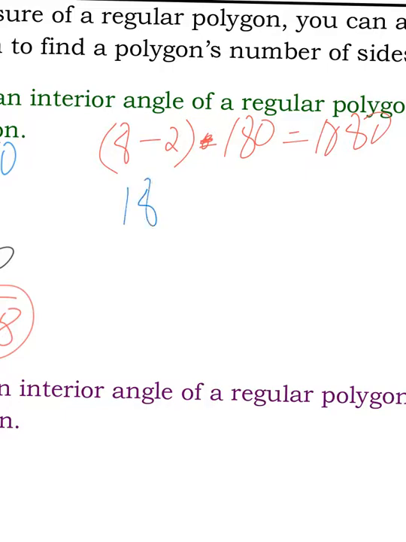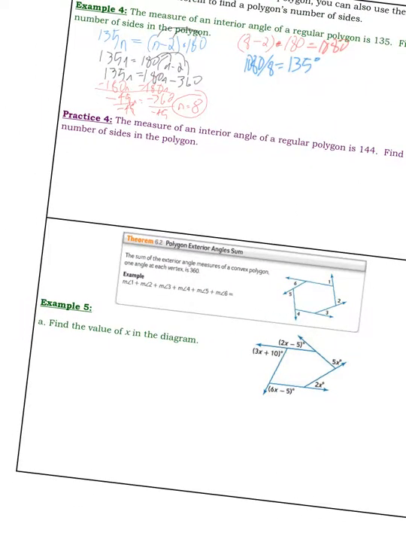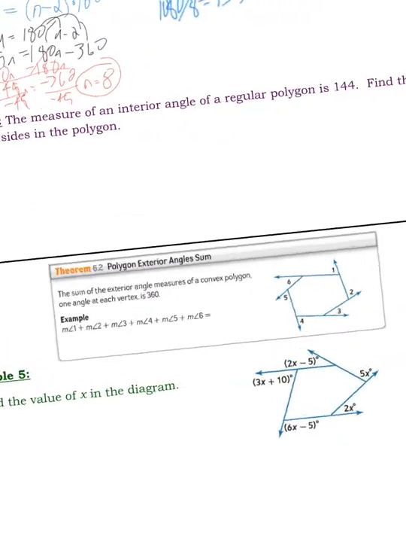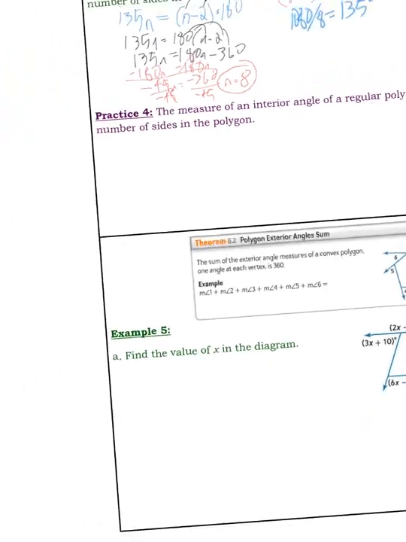So what's 1080 divided by 8? 1080 divided by 8 gets me 135. See? So I kind of went forwards and then I went backwards to check my work. So you may or may not want to do that every time, but I just thought I'd tell you because I'm a math teacher.